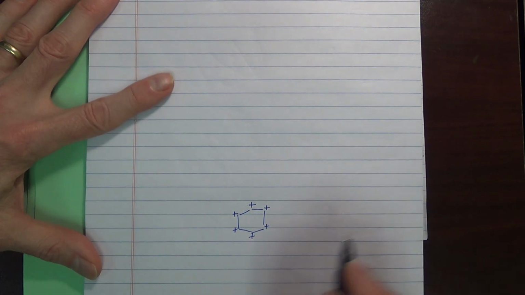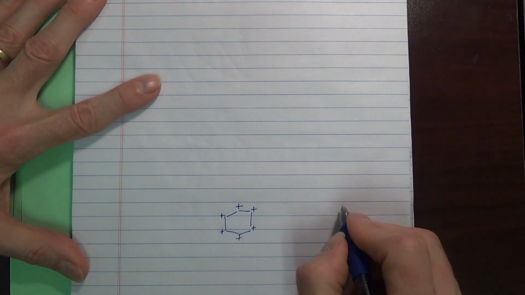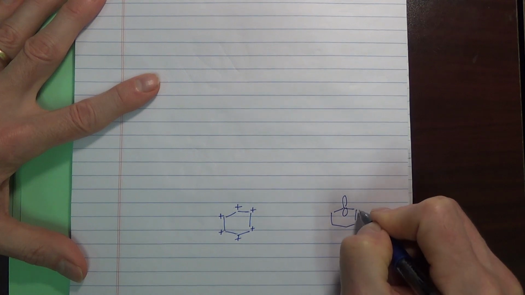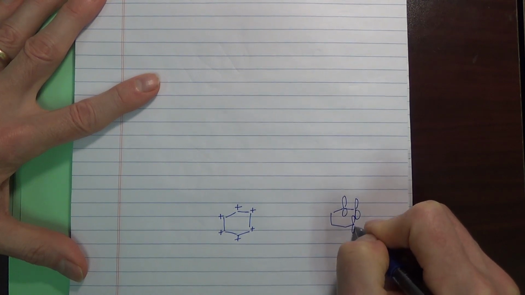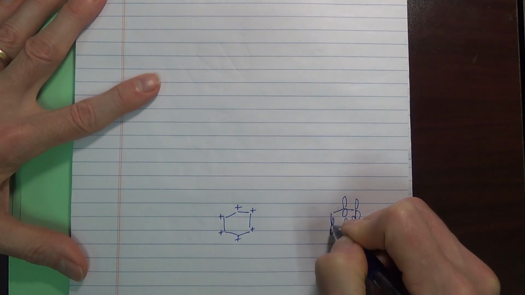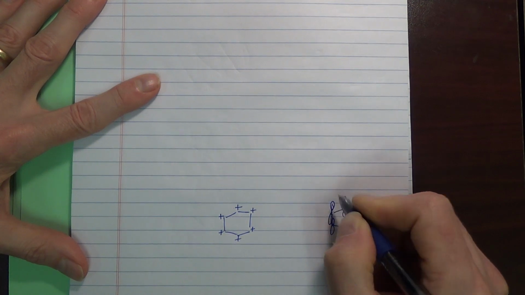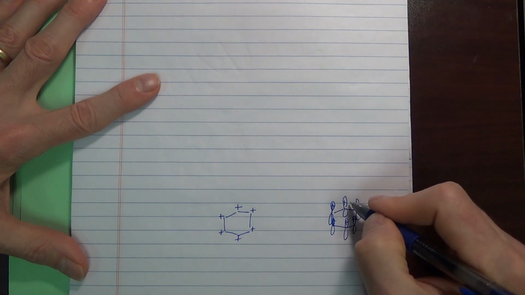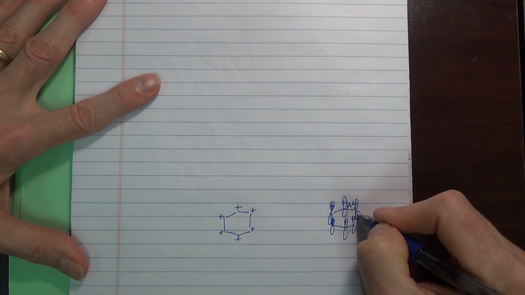Just to recap, the way I'm doing this, I'm not showing the p orbitals. If I did, I would do it like this, and I'd say plus, plus, plus, plus, plus, plus. And I would say, since it's the same phase, they're all interacting.